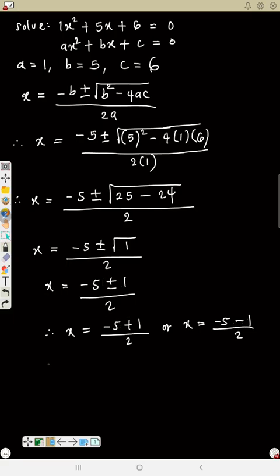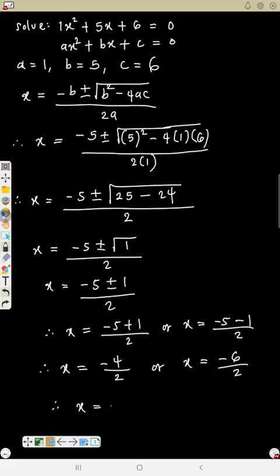So that's the 2. So s is equals to minus 5 plus 1. You can add it. That will be minus 4 over 2, or s is equals to minus 6 over 2, because we have minus 5 minus 1. That is minus 6.